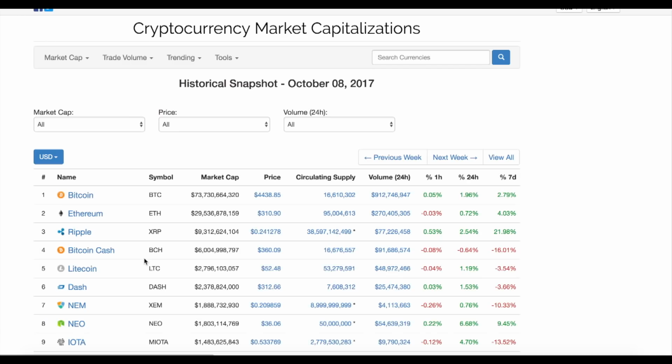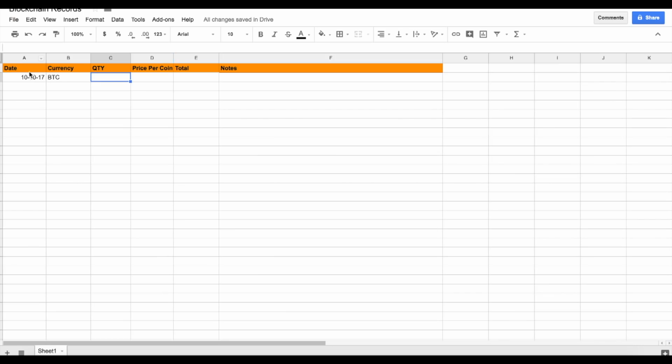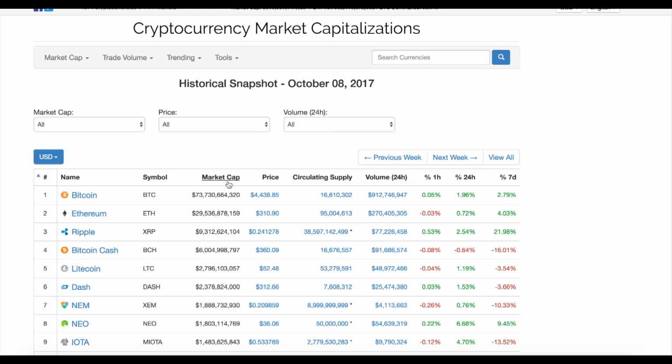I can only get it from October 8th, so we'll just change the date here to October 8th, because I don't know where I can get the 10th. Now, obviously the price could have fluctuated throughout the day, so I would need a more accurate time for when I actually bought it. So let's just say I bought it at the time this historical snapshot was taken.